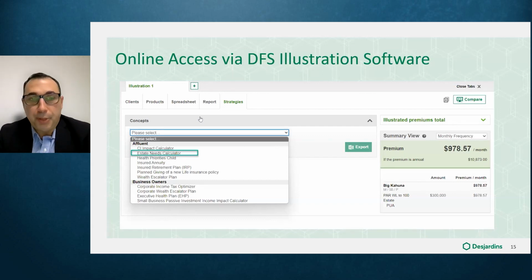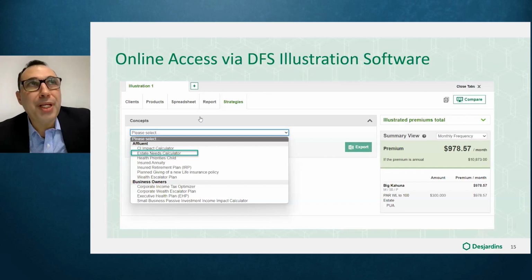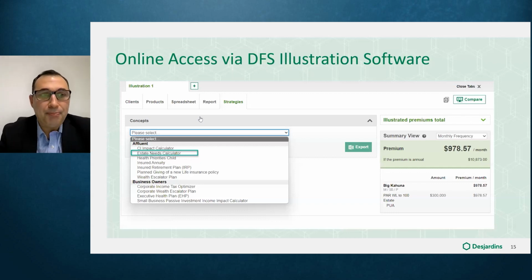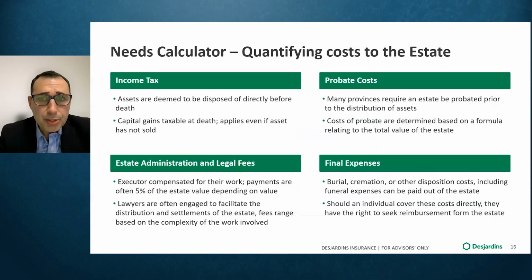And of course, we could run multiple scenarios based on different rates of return on assets and so forth. So not a huge ask, but if you're working on that estate case, it might be a nice tool to support those conversations and help you drill down a little deeper in terms of the actual values as well. So these are the four things it's going to highlight. Income tax, which I've often found on every case I've ever run, is 25% or more of the estate need.